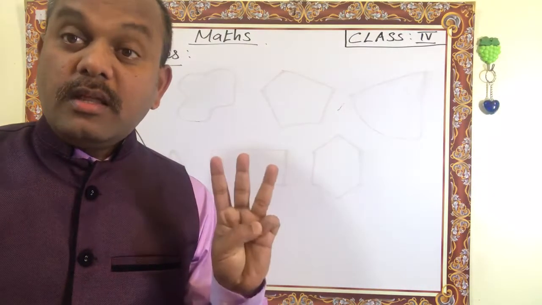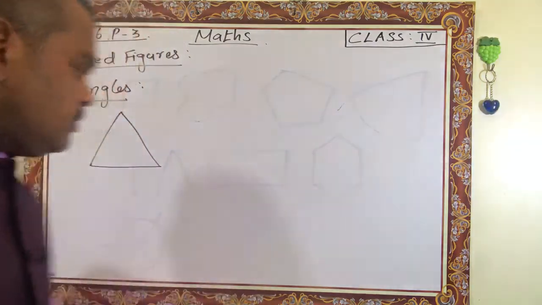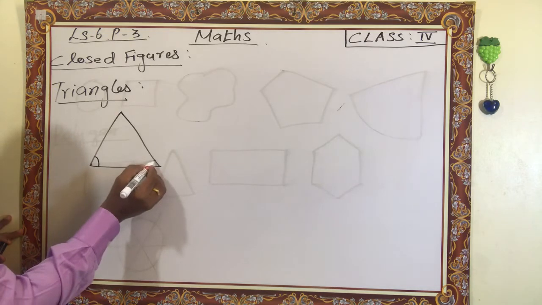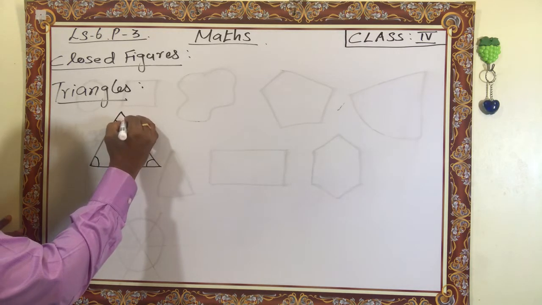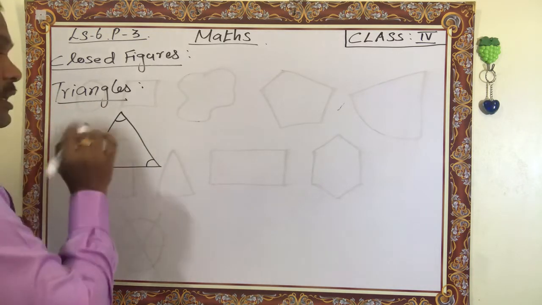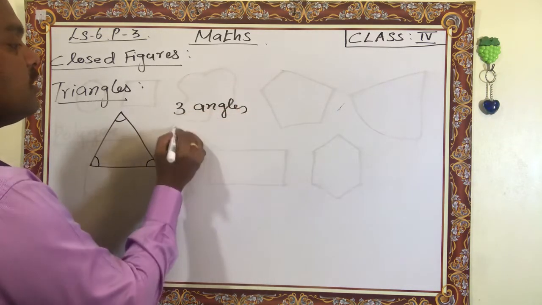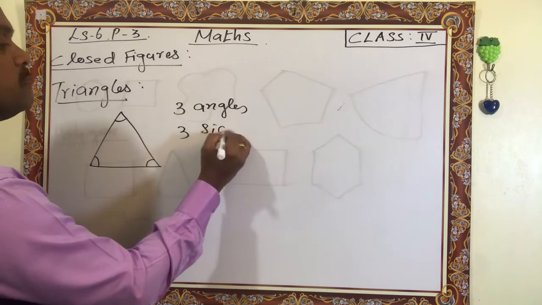Tri means three. Three angles are there. See, this is one angle, here we can measure one angle. This is another angle, this is another angle. Triangle means three angles and three sides also.